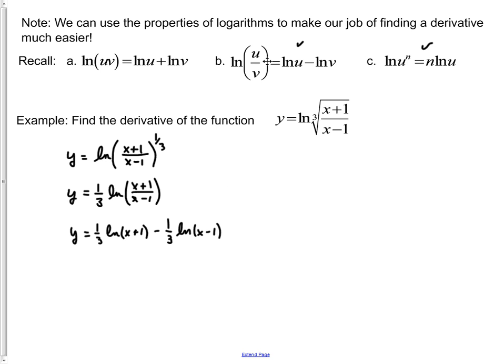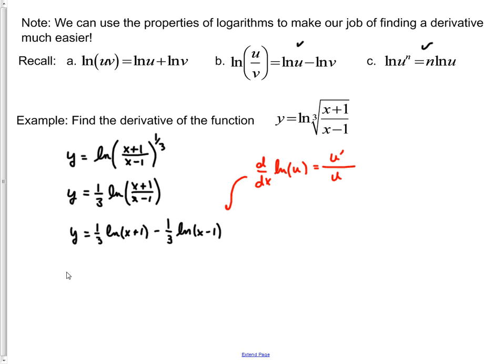And that's a useful thing to us because now we can take advantage of our rule here once again that says if we take the derivative with respect to x of the natural log of some quantity u, it will be the same thing as the derivative of the quantity u divided by u itself.